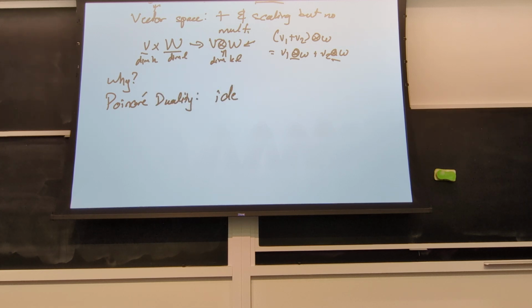The idea is you can intersect codimension K and codimension n minus K submanifolds. Right? So this will correspond to something inside.